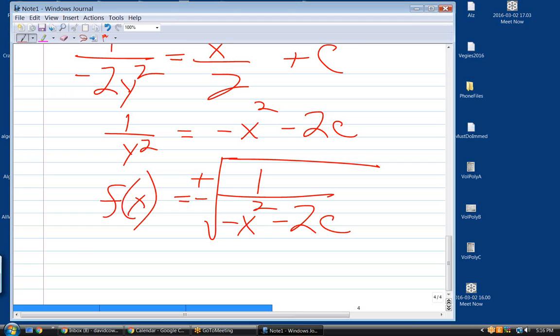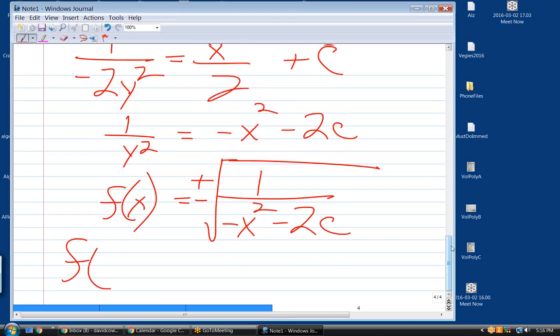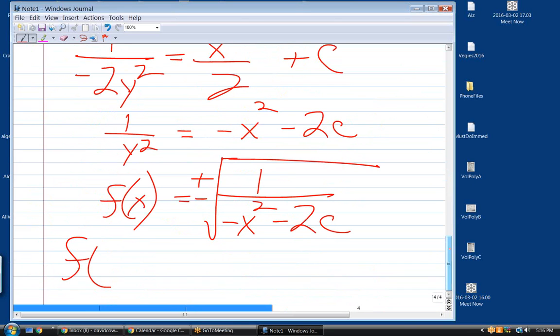And now we know that the initial condition says f of 2 equals minus 1. So you see where I'm going to be able to solve for c. So let's see.